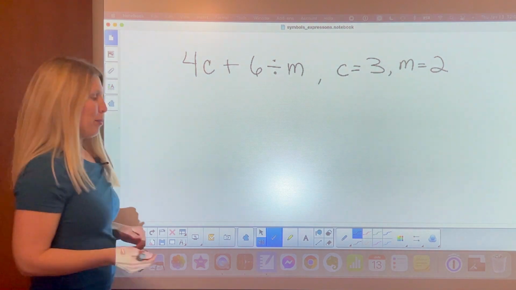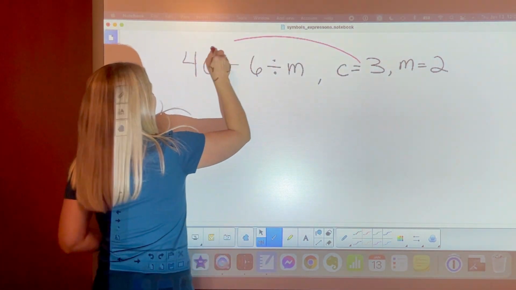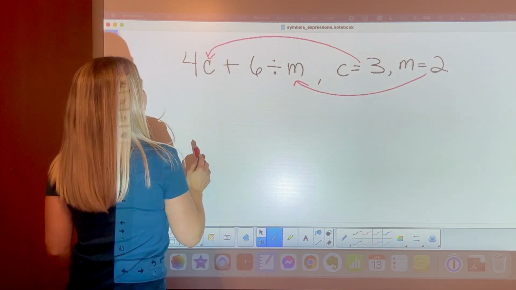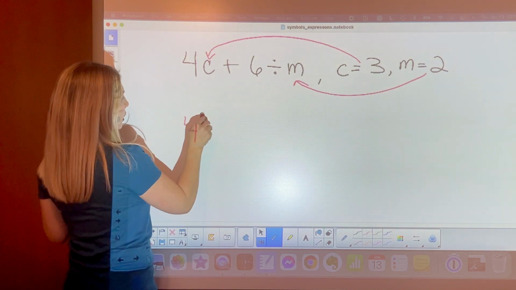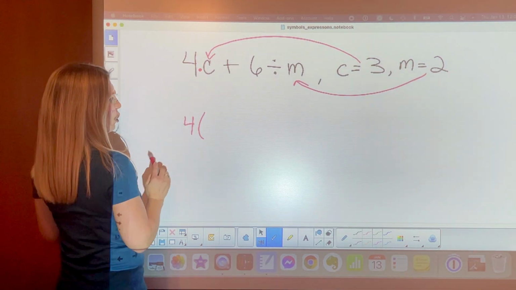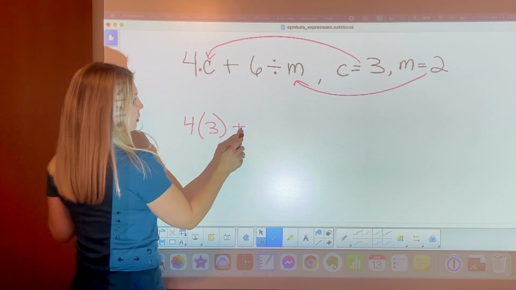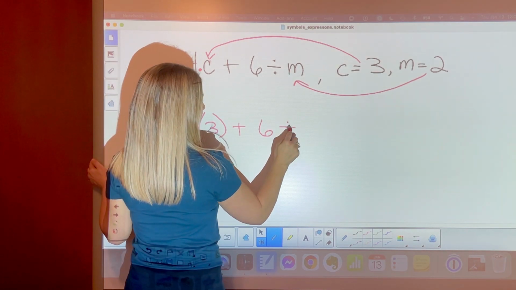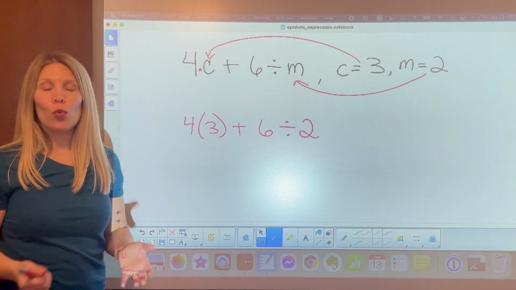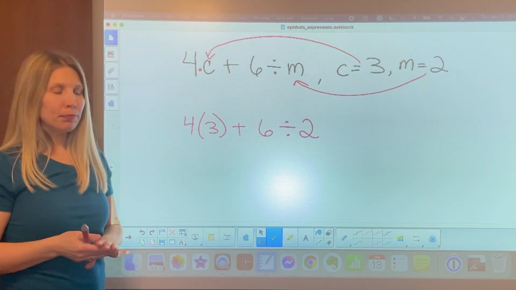Now let's try a longer problem. We're going to replace C with 3 and M with 2. So we have 4 times, because remember when the number is next to the variable, it means multiplication, 4 times 3 plus 6 divided by 2. Now, we need to think about our Please Excuse My Dear Aunt Sally.